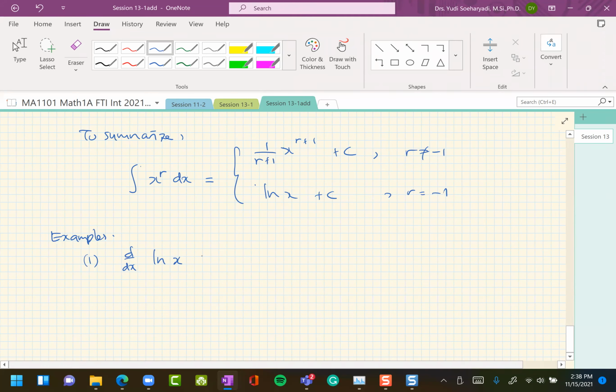Okay, so this is what you have. This is the antiderivative of ln of x, is the antiderivative of this.